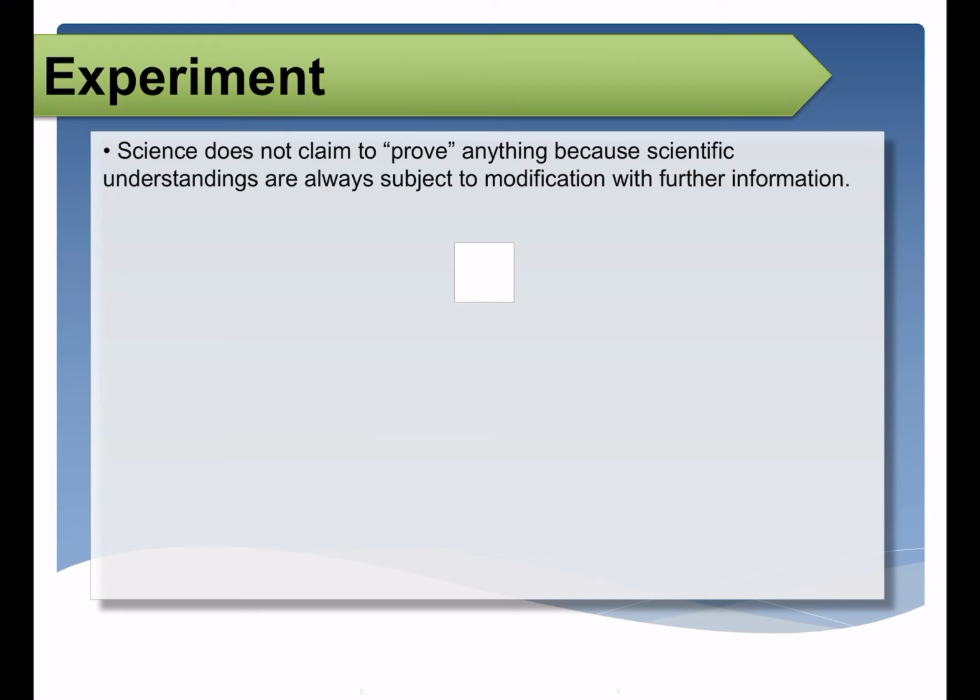If later on we prove that something is not true, we can always modify scientific information. Kind of like how a long time ago people used to think the earth was flat. Now we know that the earth is actually round and spherical, based on what we can observe through satellites and being able to travel to outer space and see it with our own eyes.